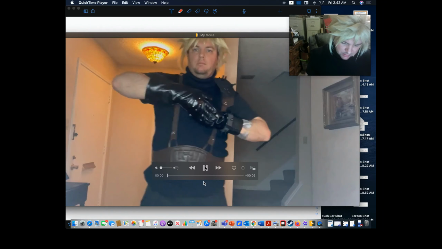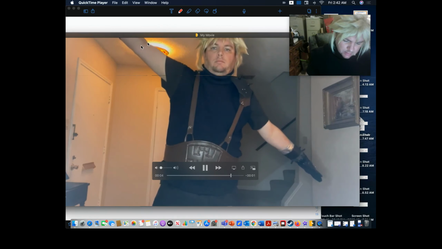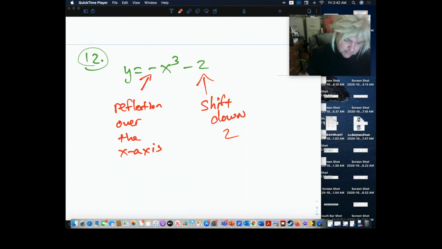Let's see what he's got. Stretching. Oh, so nice. I think he was thinking about a when he was doing this. I think that's why he was stretching, because he was thinking about the a value. So we got some a reflection going on here. All right. Let's see what's next.